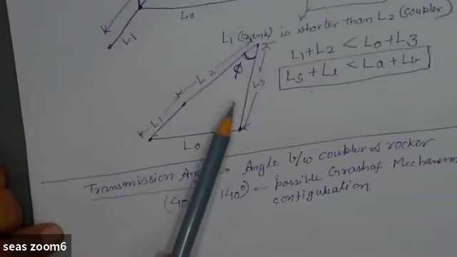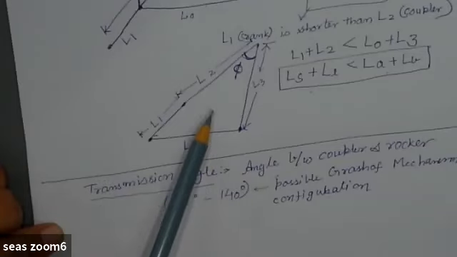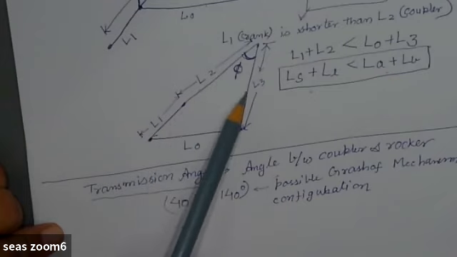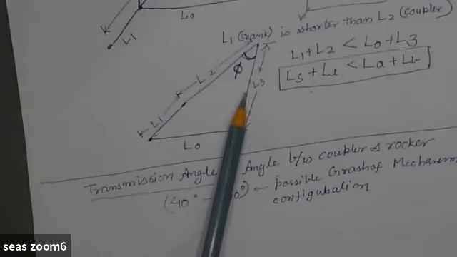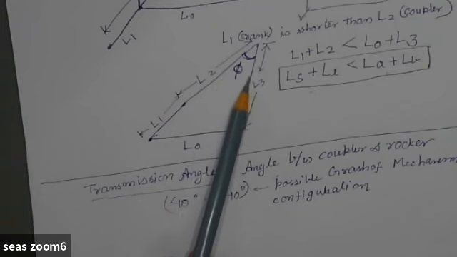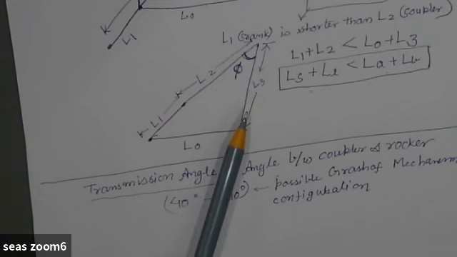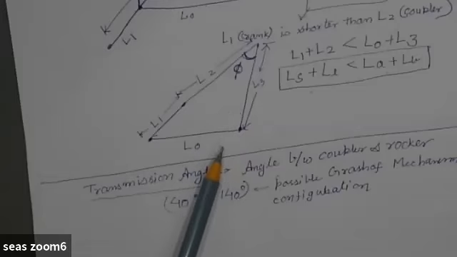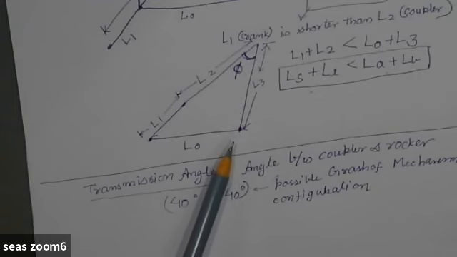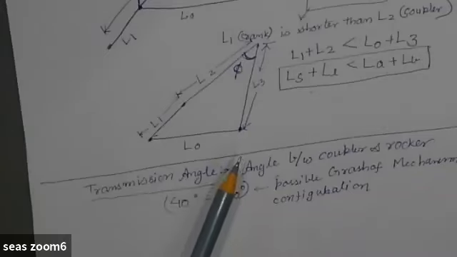But what we require is torque, ताकि L2 भी rotate कर सके और L3 भी rotate कर सके. So here the force which we apply on L1 transmits the torque to L2 and further L2 transmits the torque to L3, and that is what we need. We don't need much linear force, we need rotary force so that the whole mechanism is efficient. So if this angle is very small or very large, then this torque transmission generally remains very low.